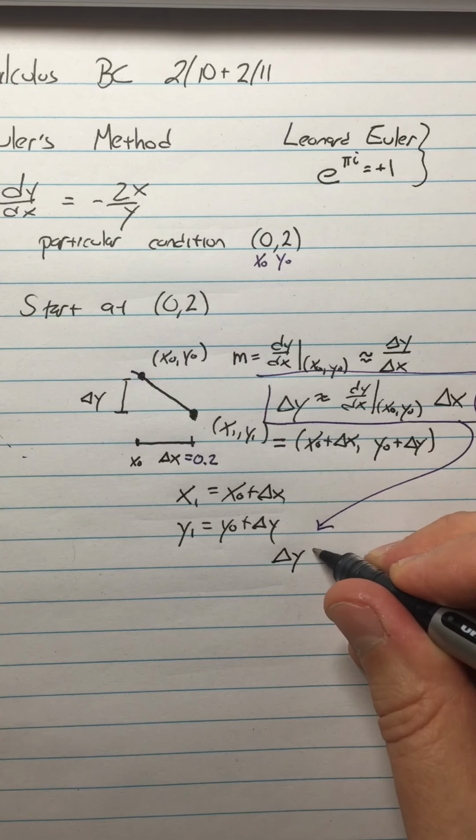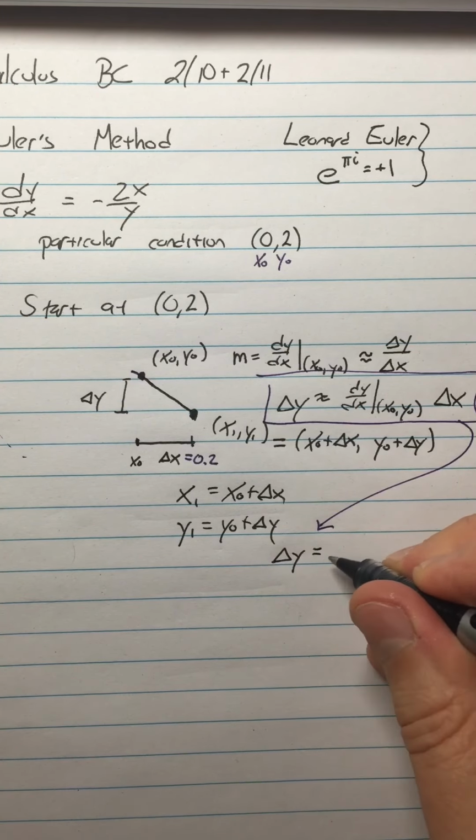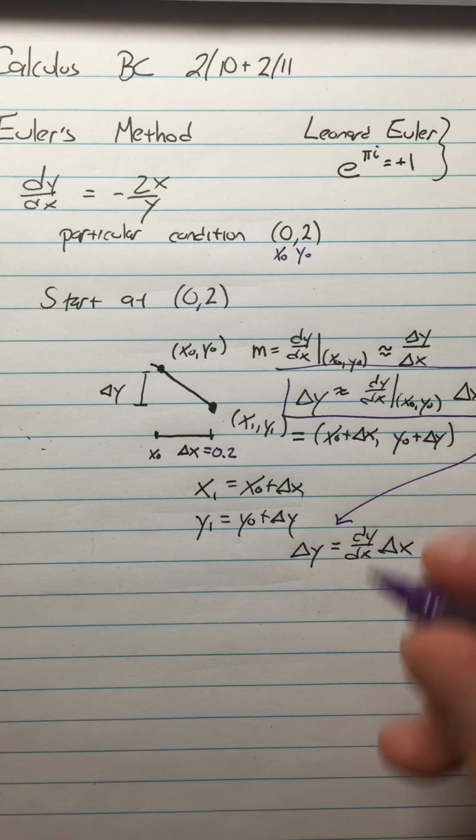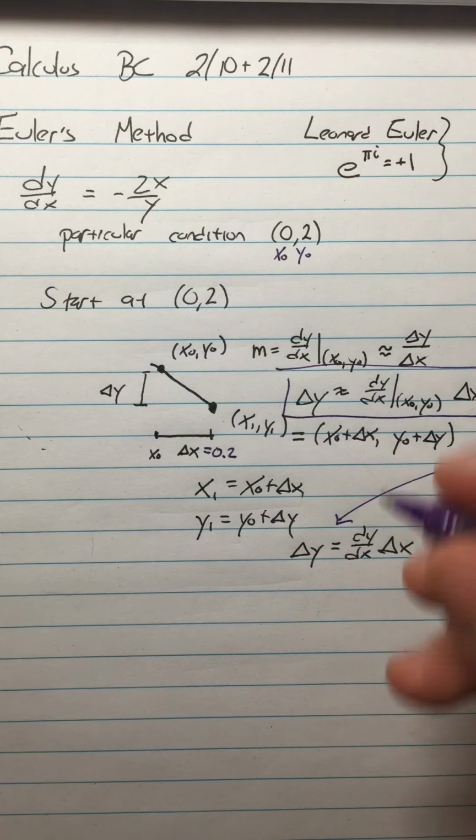So we're going to say delta y equals dy dx delta x, dispensing with the approximately equal sign, because we understand that this delta y isn't the real delta y of the function itself. One of the things to be aware of is why this method is approximate. It's not exact, because I knew the slope just at this point.